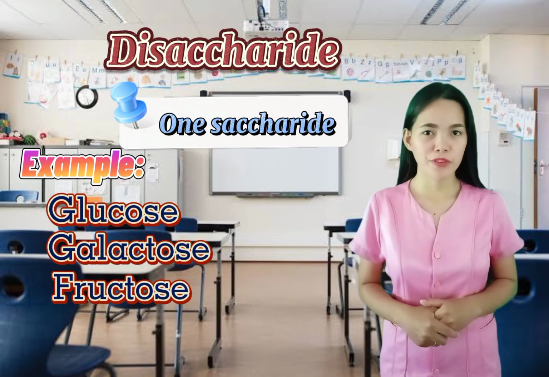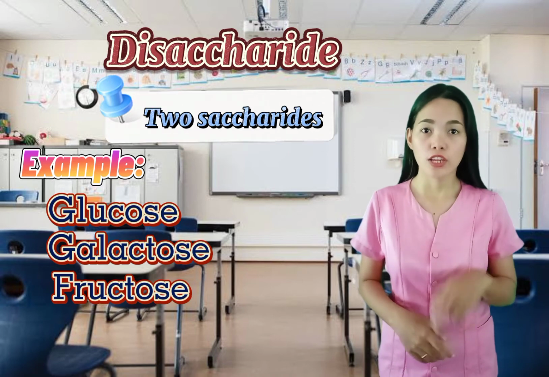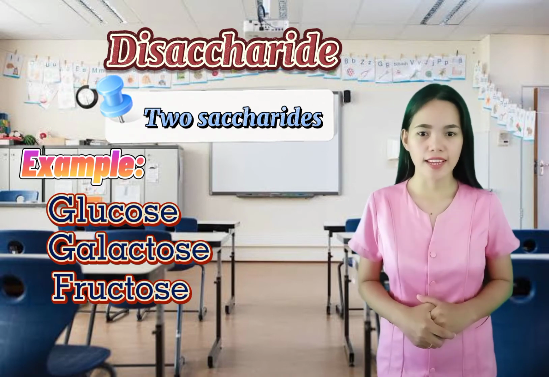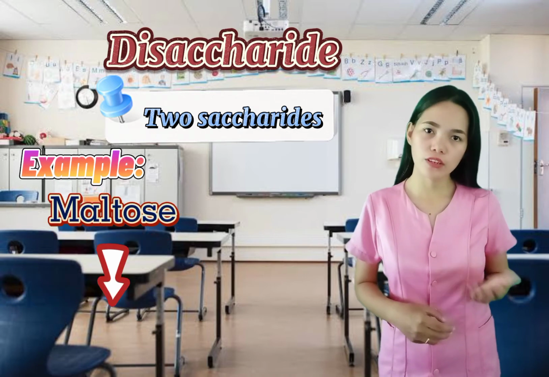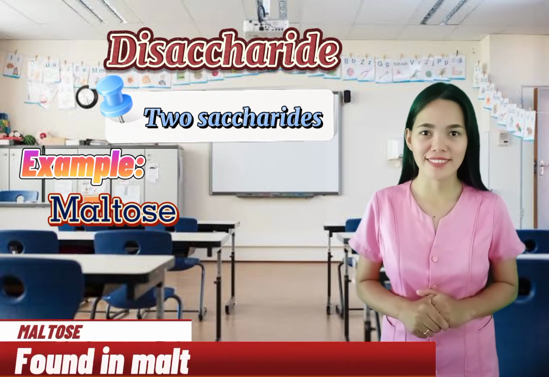disaccharide. Now, from the term di, which means two, therefore disaccharide contains two saccharides. Now, an example of a disaccharide is the maltose, which is actually a combination of a glucose and a glucose, and these are found in malt.